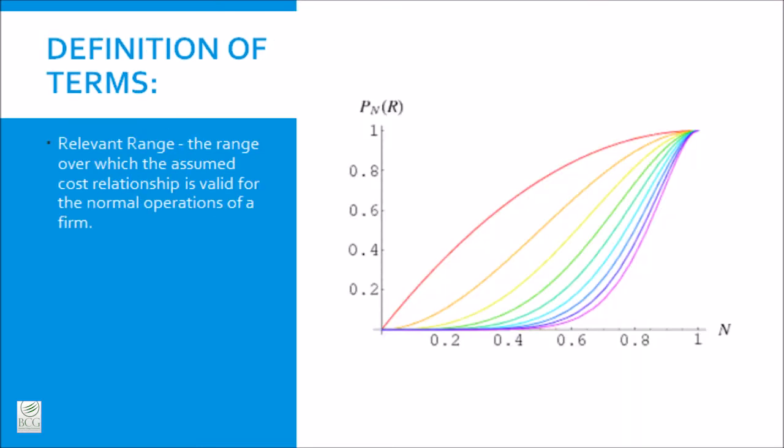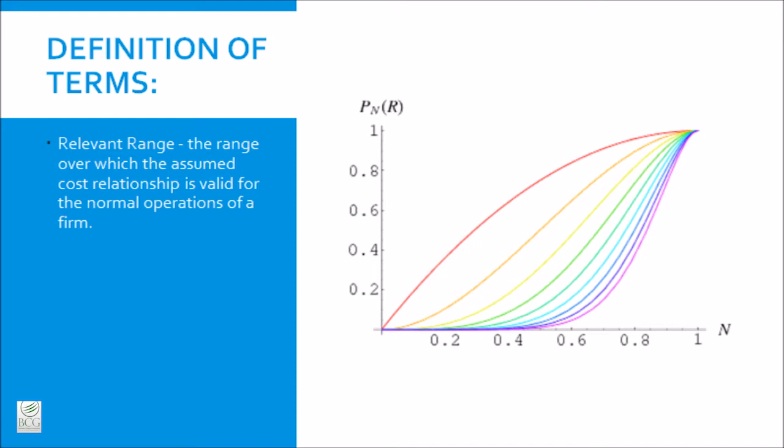Now next is the relevant range. Relevant range is the range over which the assumed cost relationship is valid for the normal operations of a firm. It is the range of activity in which there is a relationship between total cost and the level of activity. Simply put, if the cost behavior patterns change and reach outside the relevant range, it will cause the cost to become non-linear.